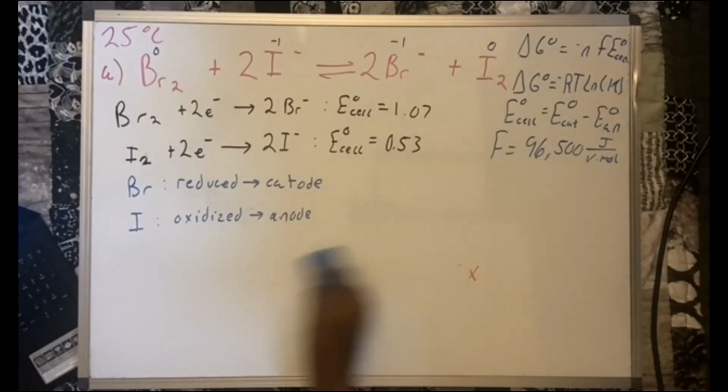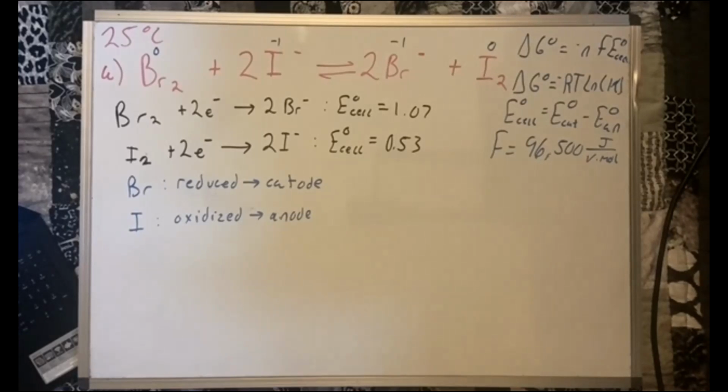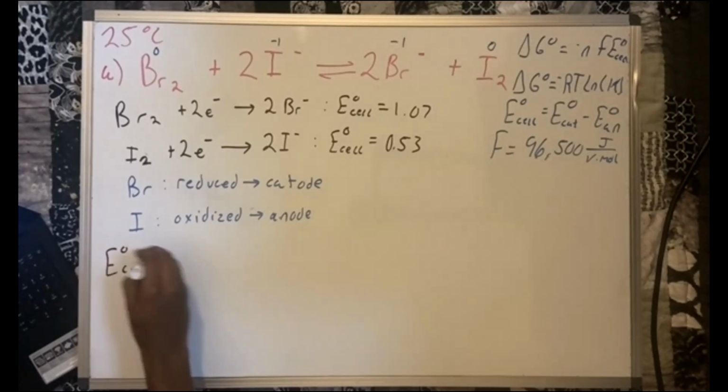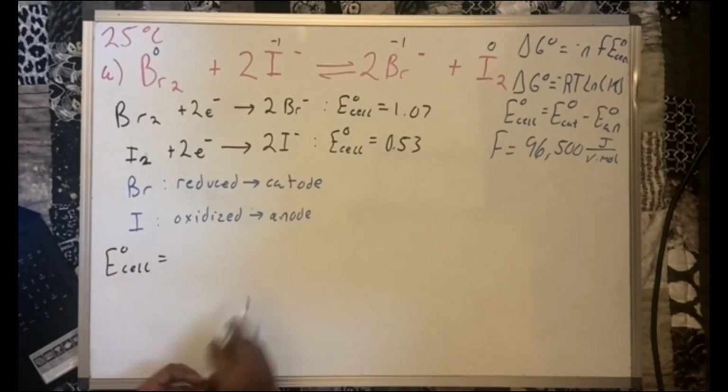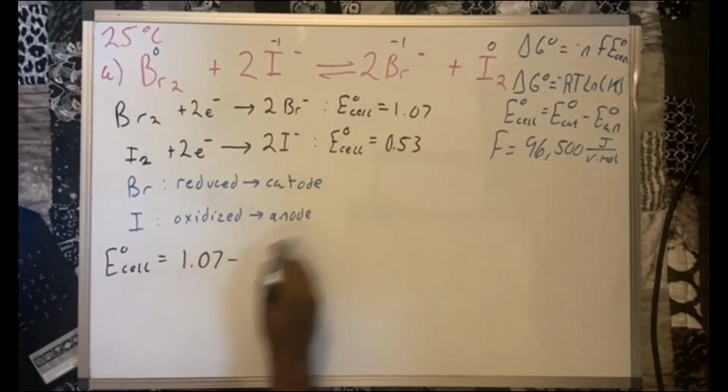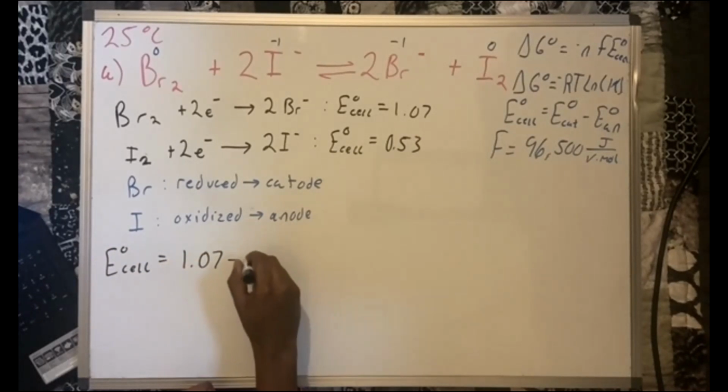Sweet. Okay, so now we can use our Ecell equation. So we write that Ecell equals the cathode, so 1.07, minus our anode, so it's 0.53.